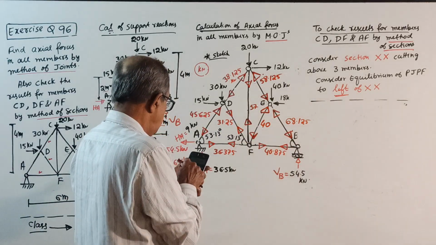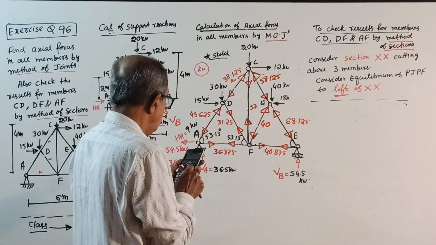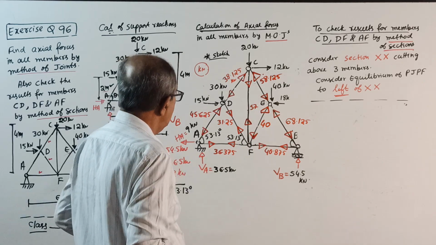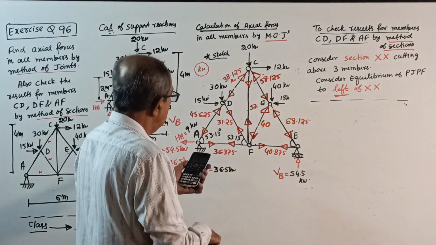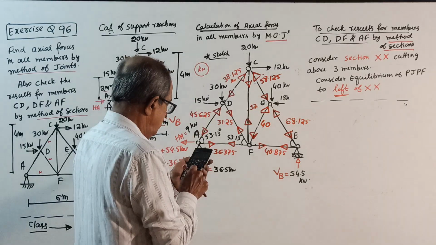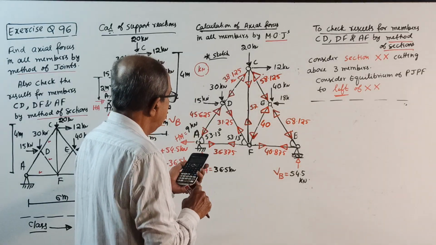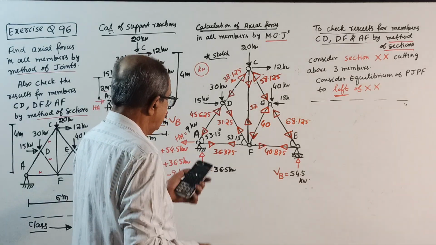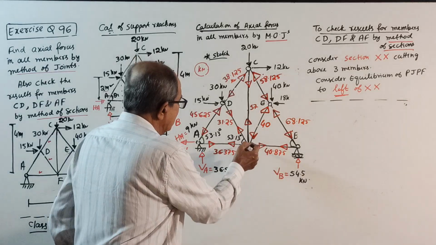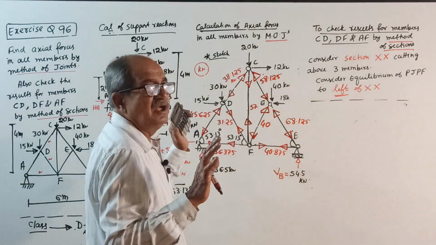One minute. Correct? 40 down into 0.8 is correct. Minus 57 divided by 0.8. Correct. Then I will check horizontal equilibrium here. Check now over. Solution is over.